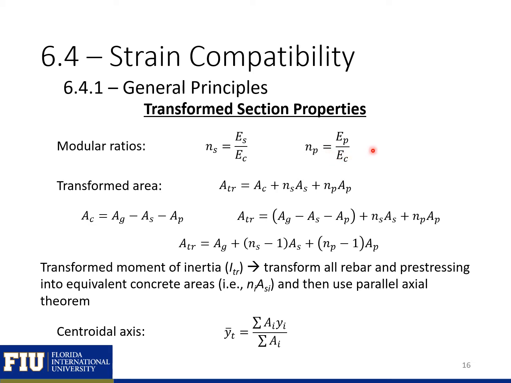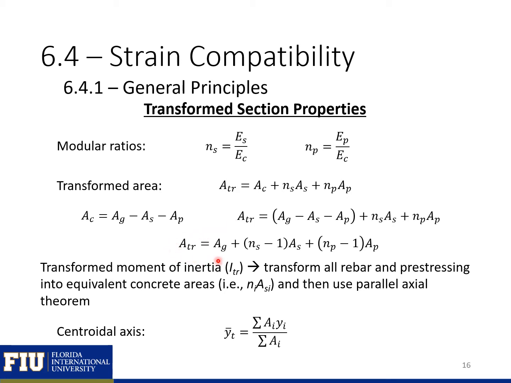So we're transforming our steel and pre-stressing into equivalent concrete areas by the stiffness ratios. With this, then, we can calculate the transformed area just by taking our concrete area plus our modular ratio for steel times the area of steel plus the modular ratio for our pre-stressing times the area of pre-stressing. We can simplify things, which I do in these two equations, to get it into this form.